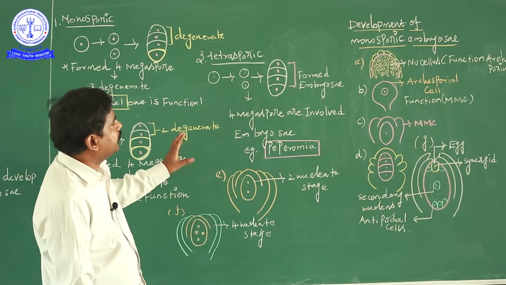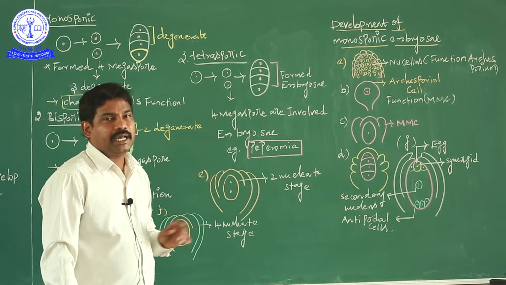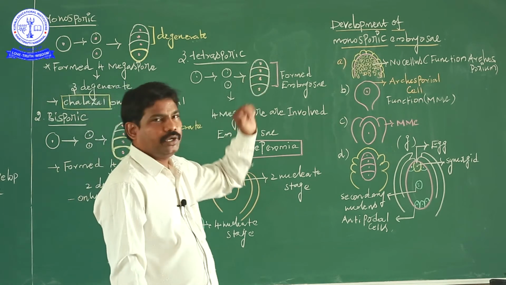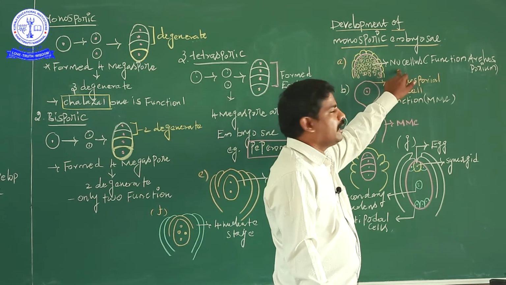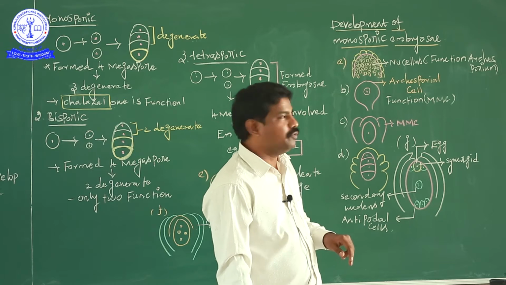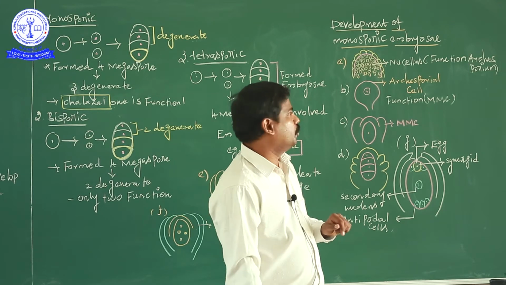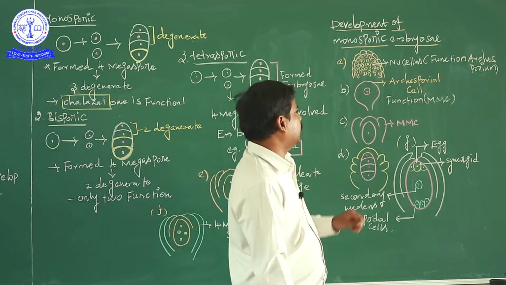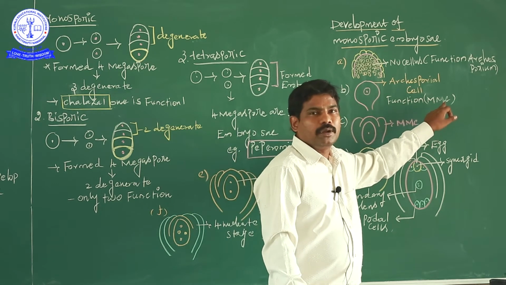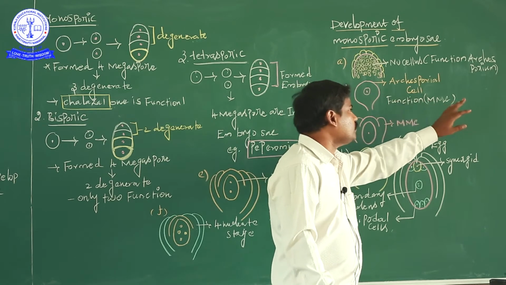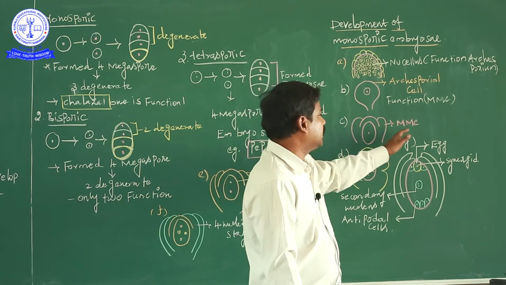Then the development of the monosporic embryo sac. There are many types, but I have taken only one type, the monosporic embryo sac. First, the nucellus provides the nutrition and functions as the archesporium. The nucellus functions as archesporium, and then the archesporial cell, which functions as the megaspore mother cell or MMC.